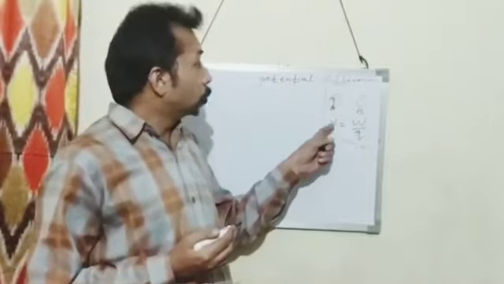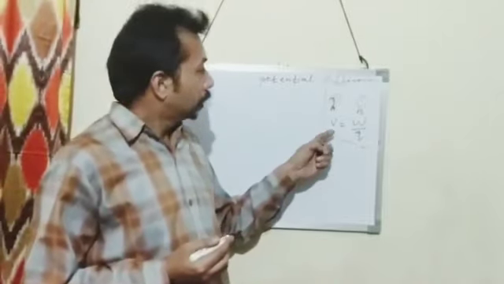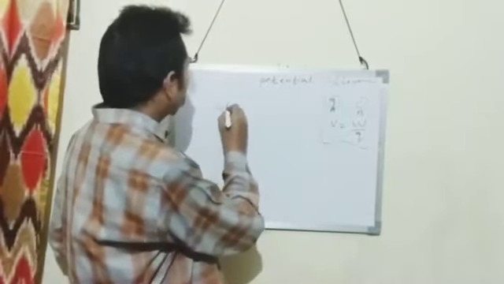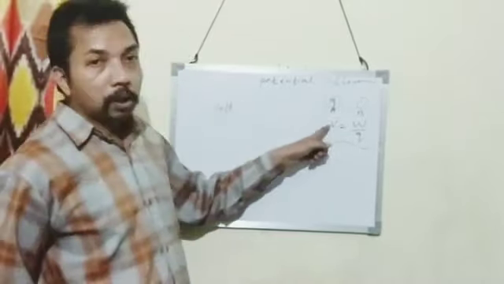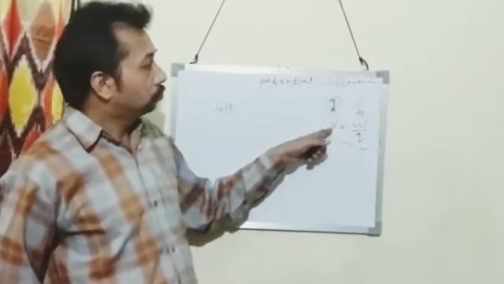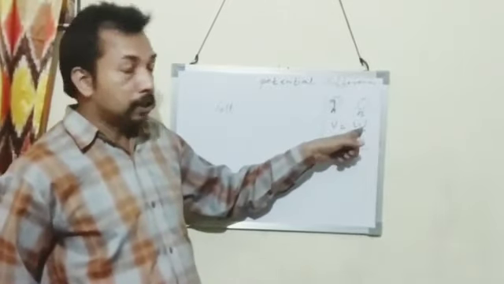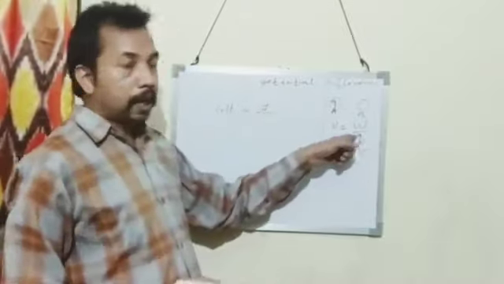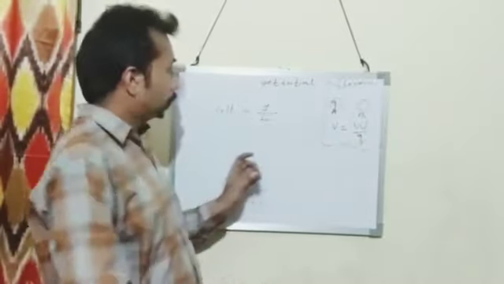Next is the unit of potential. The SI unit of potential is volt. The SI unit of work is joule, and the SI unit of charge is coulomb.